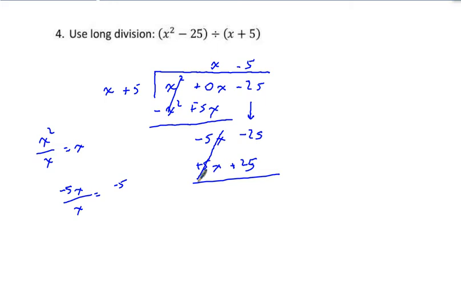We subtract, so the signs change as we distribute that negative 1. And this first term cancels, but also the second term this time cancels, and so we have a remainder of 0. What does that mean about our answer? x minus 5. It means that x minus 5 and x plus 5 are both factors of x squared minus 25.